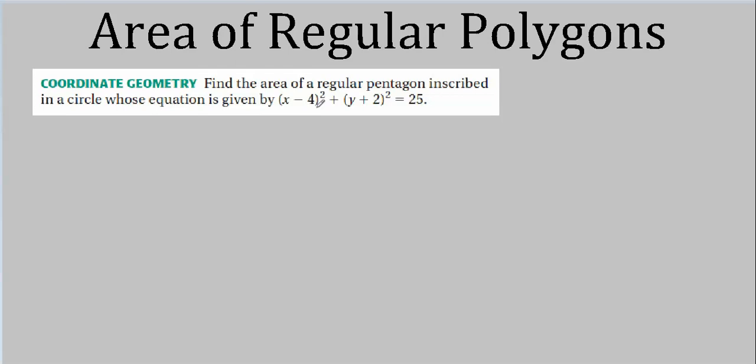If people were constantly getting different answers just because of where they decided to put the origin. But it turns out how you lay out your grid doesn't matter. You'll always get the same area. Where you put your circle or, in this case, a pentagon, doesn't matter. You're always going to get the same area.